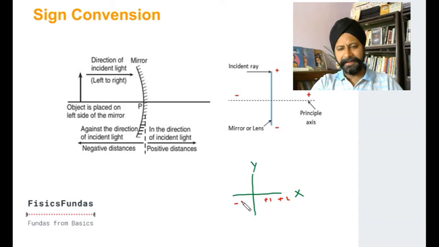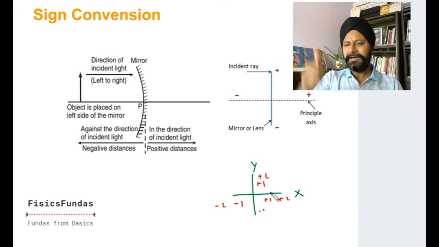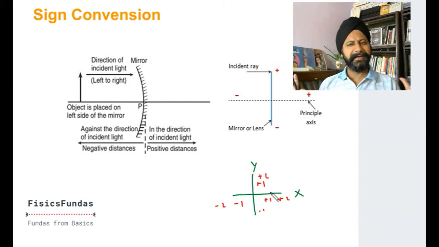So this is all -1, -2. Same goes for +1 on this side, +2 on this side, -1, -2, right? So you've already done this. So anything going rightwards is positive, leftwards is negative, upward is positive, downward is negative. That is all. That is the sign convention, with a few more things.